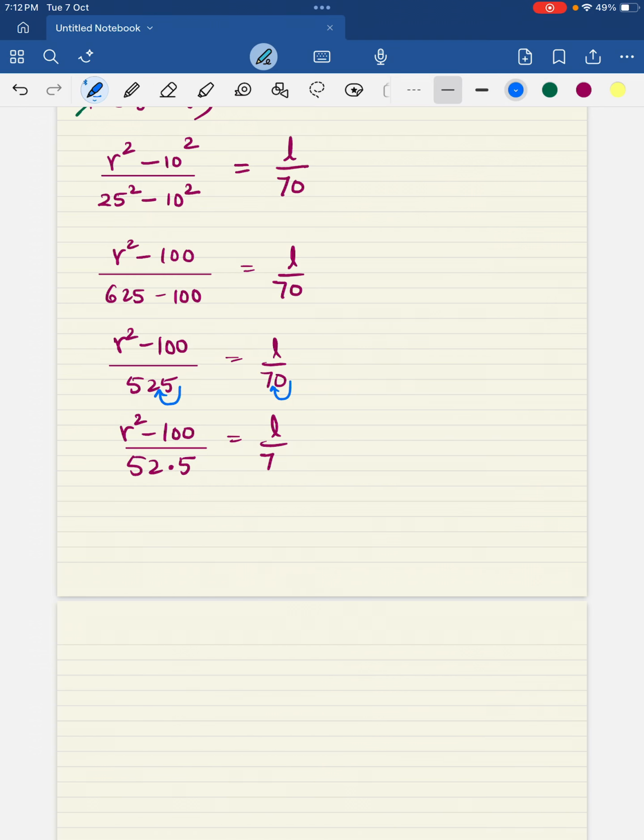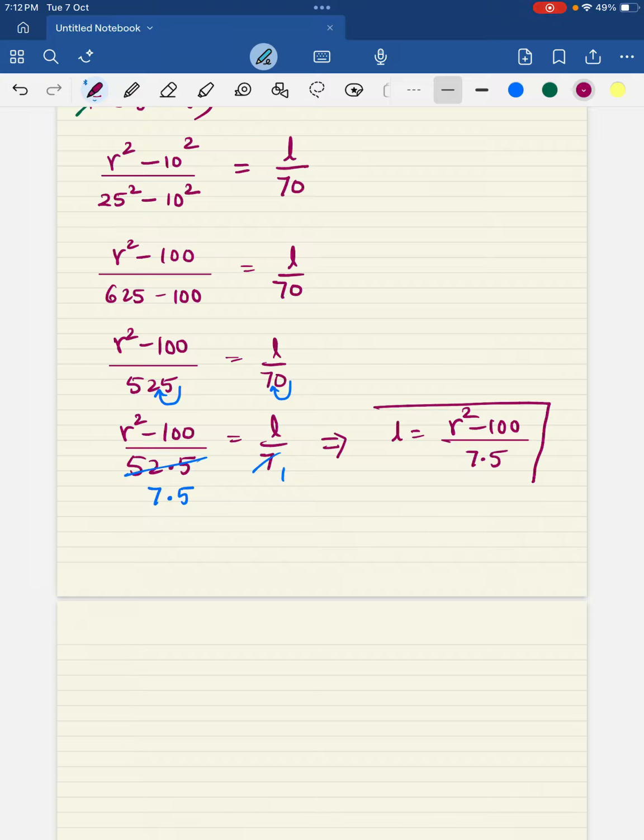I can also cancel this. So 7 ones are 7, 7 sevens are 49, and 0.5 is 35. So my equation turns out to be L is equal to R square minus 100 divided by 7.5.